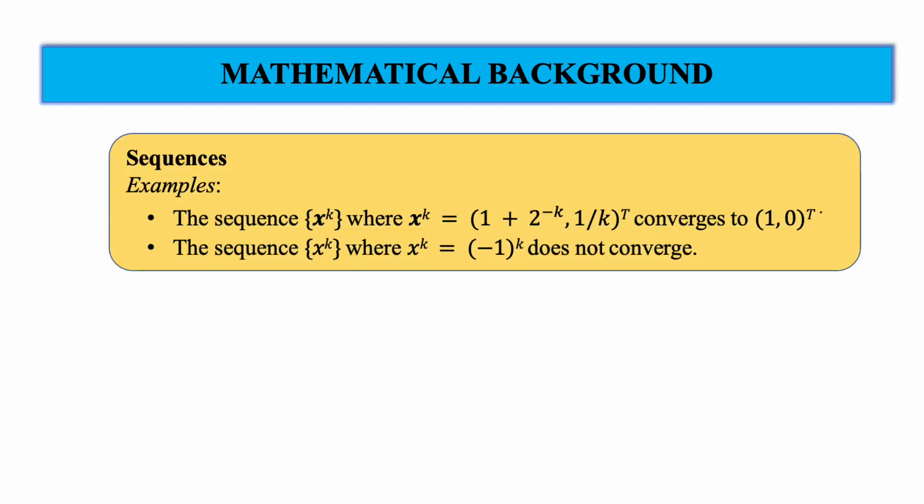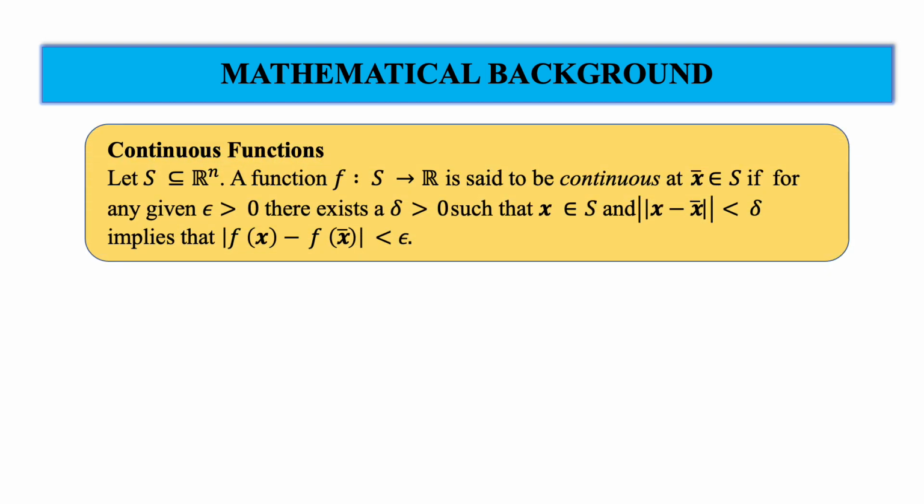So we have a sequence which is given here. We will see that this sequence will converge to (1, 0). On the other hand, if you take a sequence which contains points like -1, 1 alternately, it does not converge to a point.